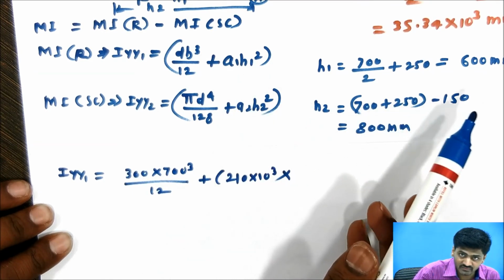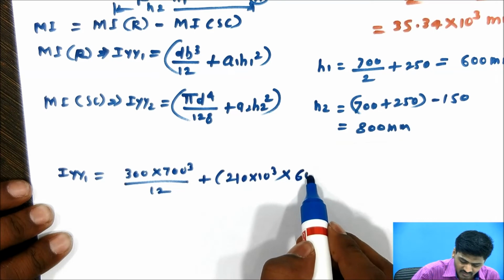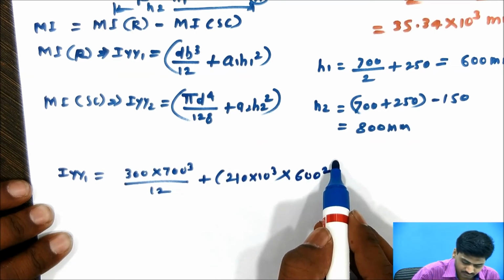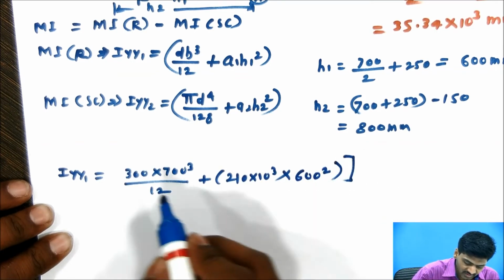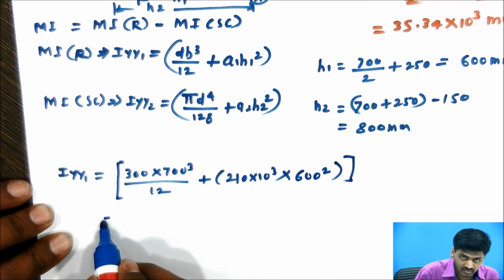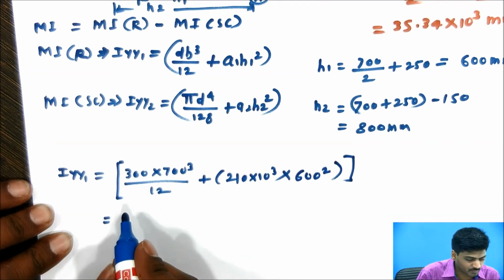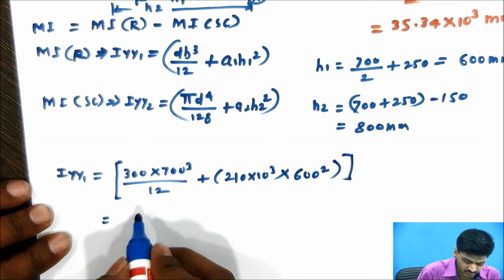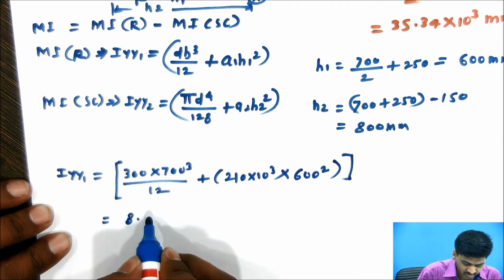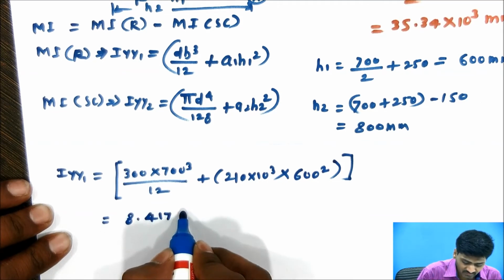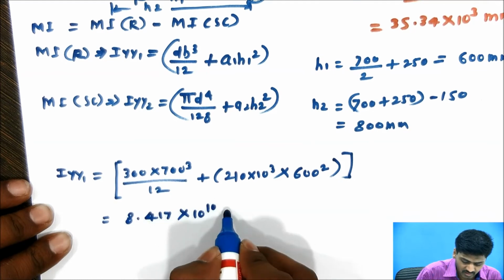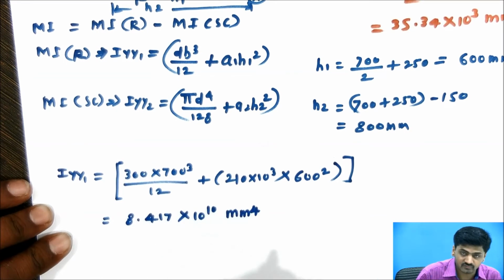Now H1 is 600, so 600 square. Do the calculation, take time and try to identify the moment of inertia of a rectangle. So you'll get near about 8.417 into 10 power 10, and the unit is mm raised to 4.